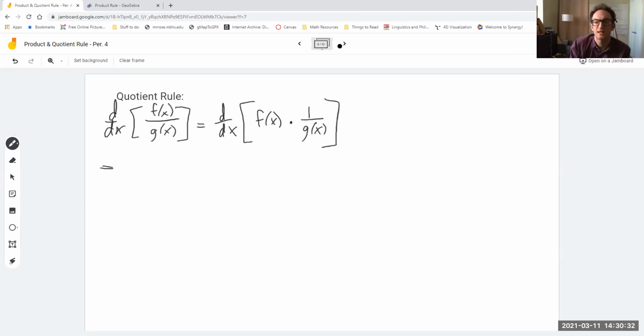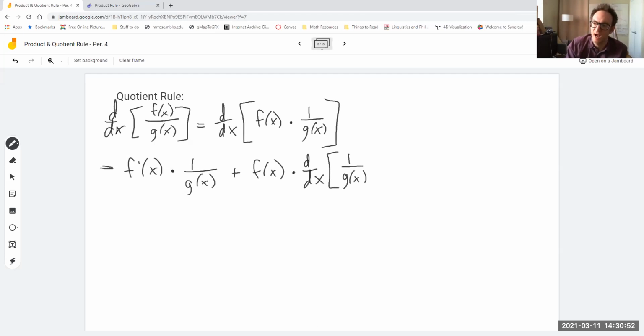So that says that it's the derivative of the first, f prime, times the second, which is 1 over g, plus the first, f, times the derivative of the second. And so now I'm faced with the following problem. How do I differentiate 1 over something?